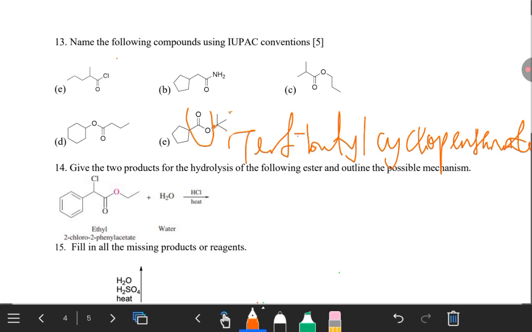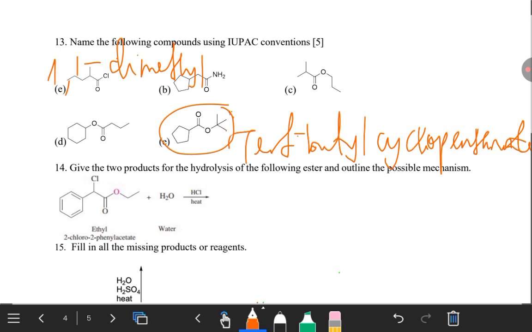So we said this same one, at position number 1 we have 2 methyl, these 2 methyls there. So it is 1, 1. Then dimethyl, this same structure, dimethyl.